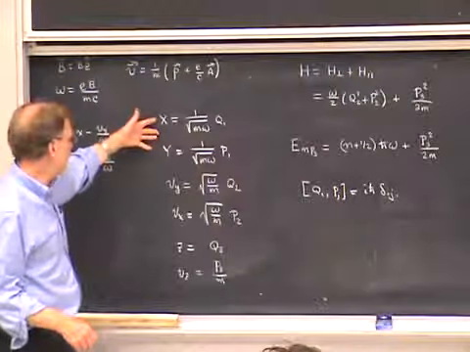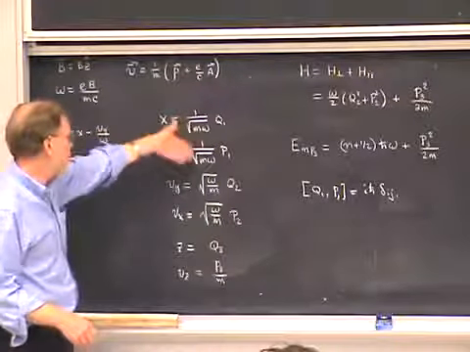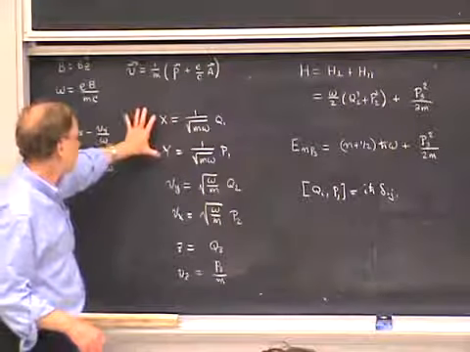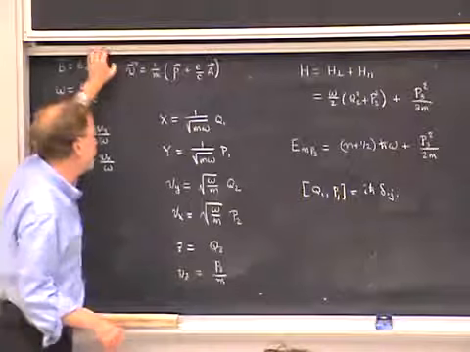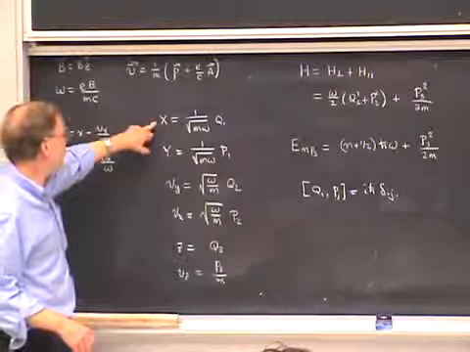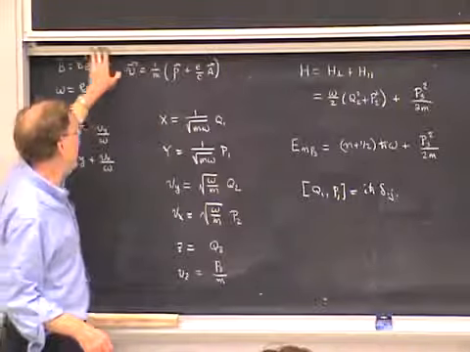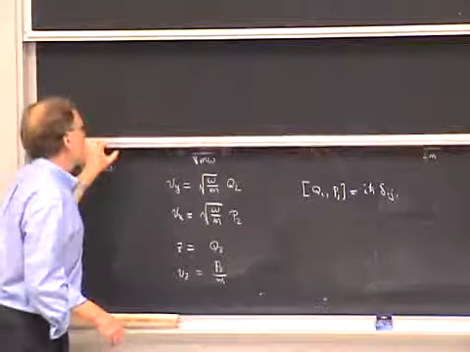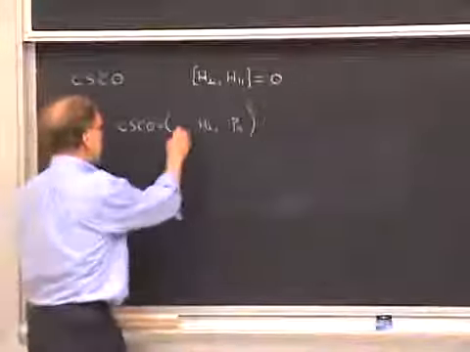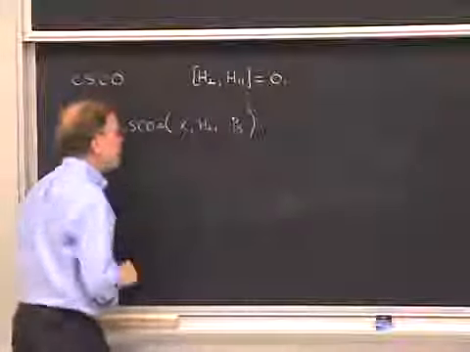Or for that matter, call it x and y; it's the same thing apart from constants. So it's the guiding center position, and the simplest choice is just to take it to be x. We can make it y, but let's make it x. So let's take a complete set of commuting observables to be x, h perp, and p3.